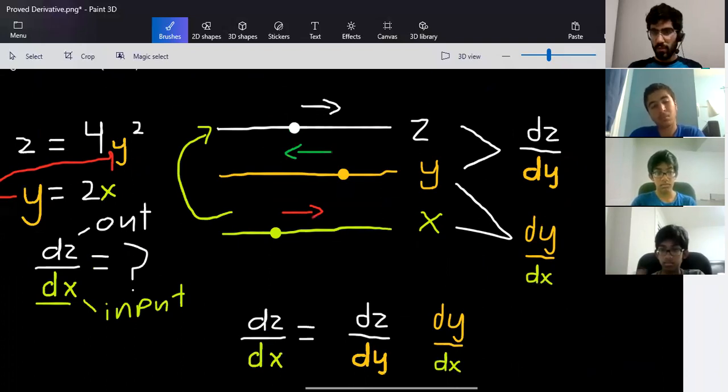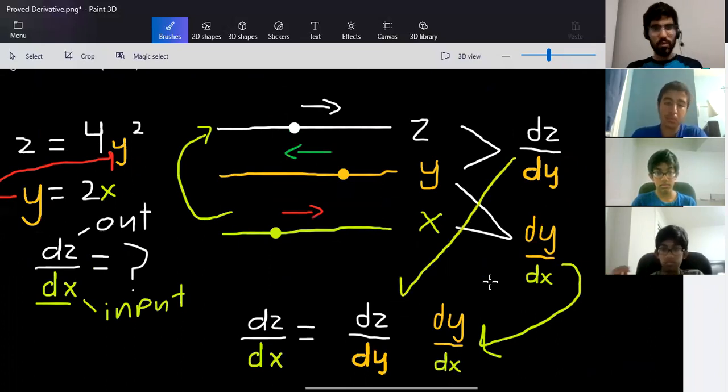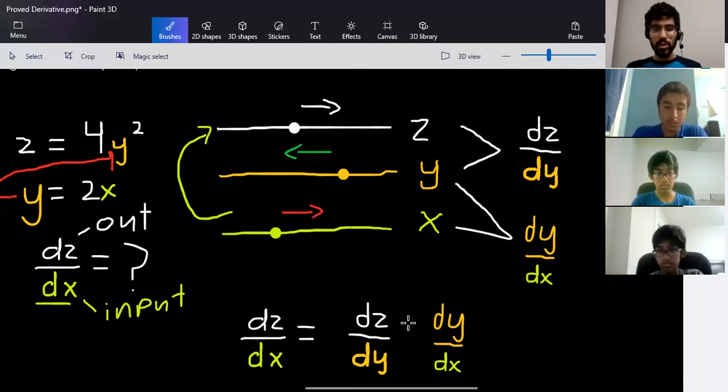So we can go from here and here. We have these two key pieces of information. We've got to figure out how to relate them together so that we can figure out the end change, dz by dx. Is that cool? Is this making sense? Any questions?